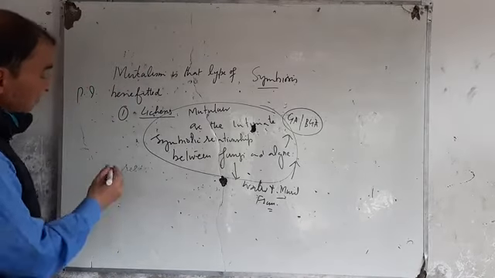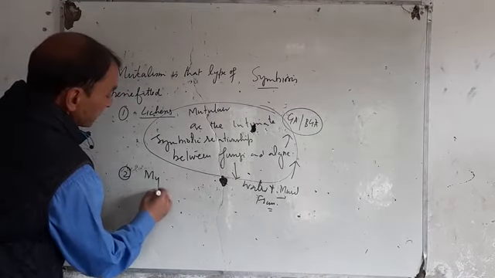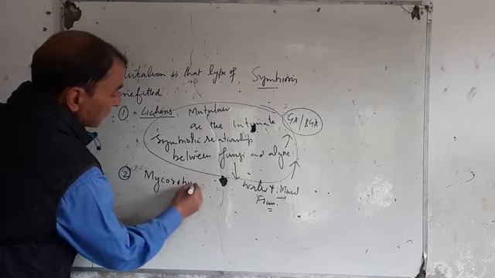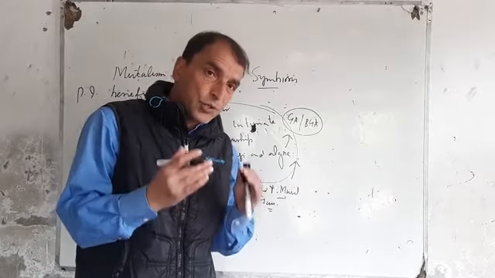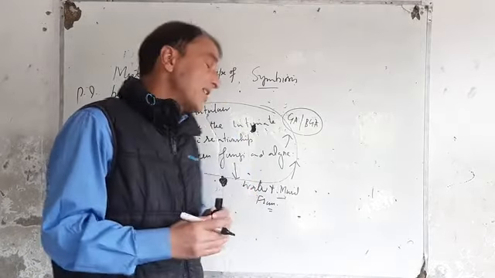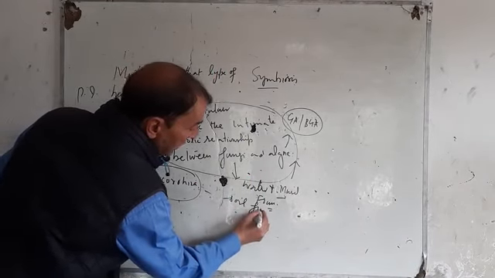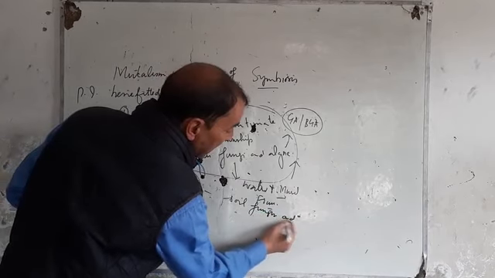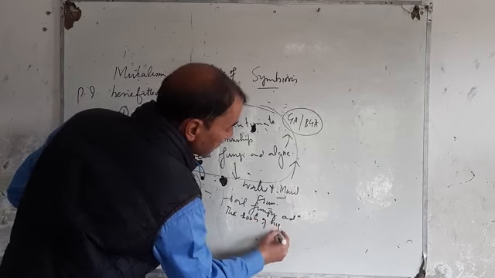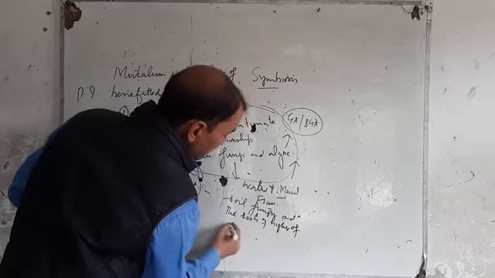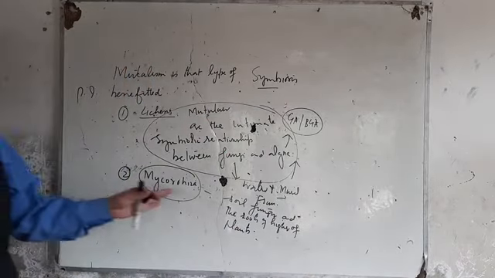Now come to the next example, number 2, mycorrhizae. Mycorrhizae are the associations between the soil fungus and the roots of higher plants.